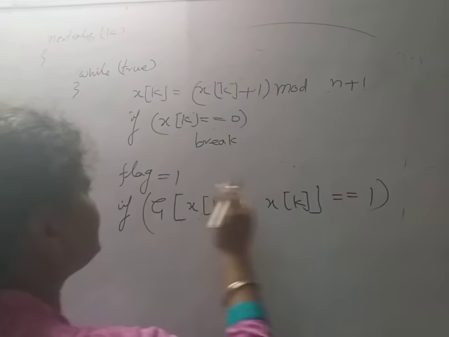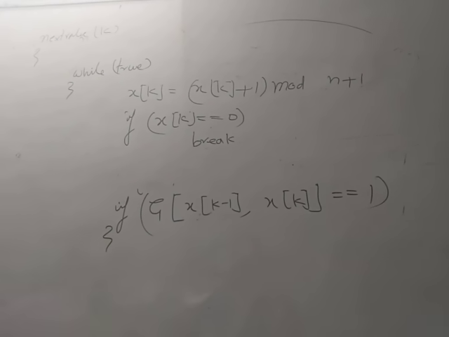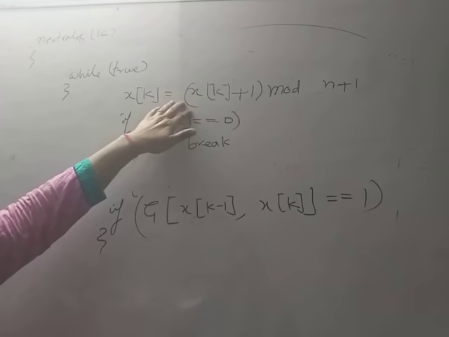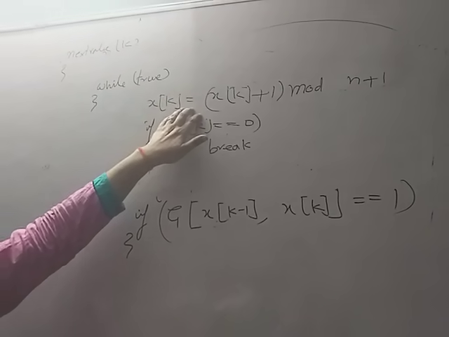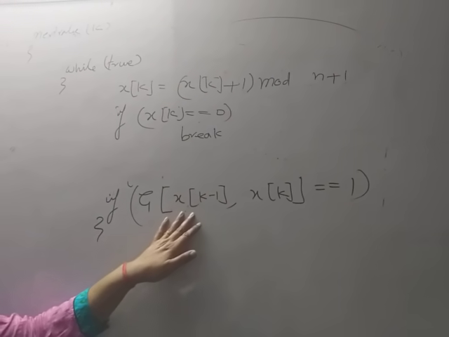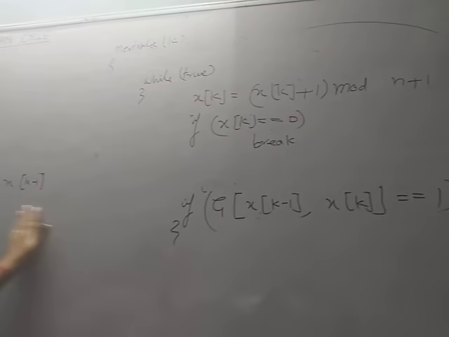If this condition is true, it means the vertex generated by this expression is adjacent to the previous vertex, and only then can xk be added to this path.